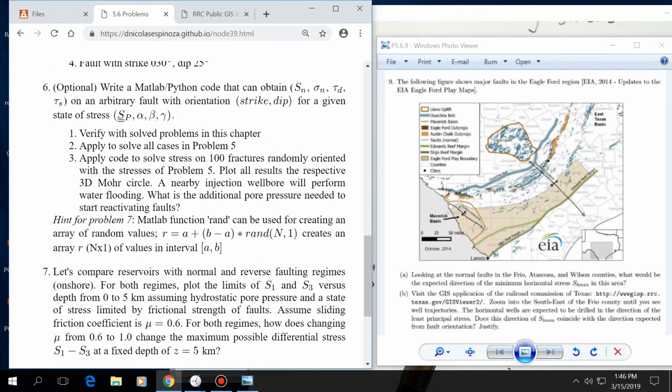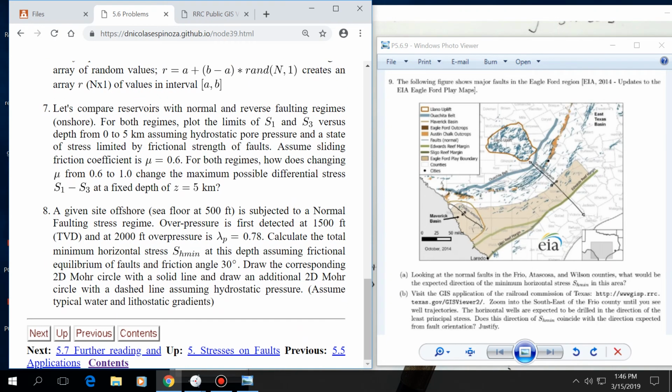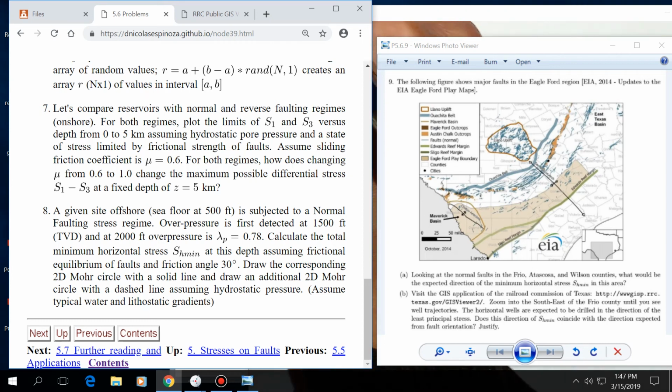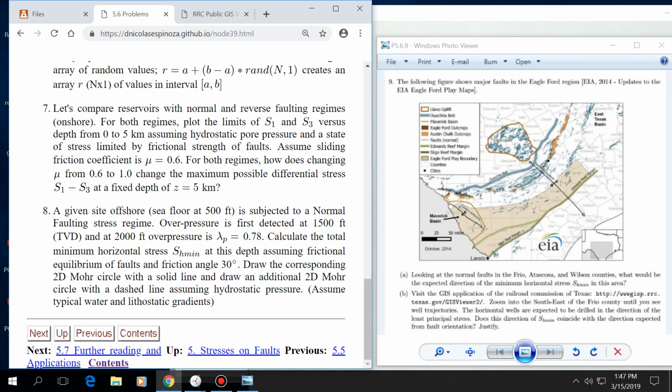Number 7 and number 8. Problem number 7 and number 8 are about solving stresses, knowing what the limits of stress could be. So problem number 7 is mostly a generic problem, and number 8 you need to compute stress at a particular location.